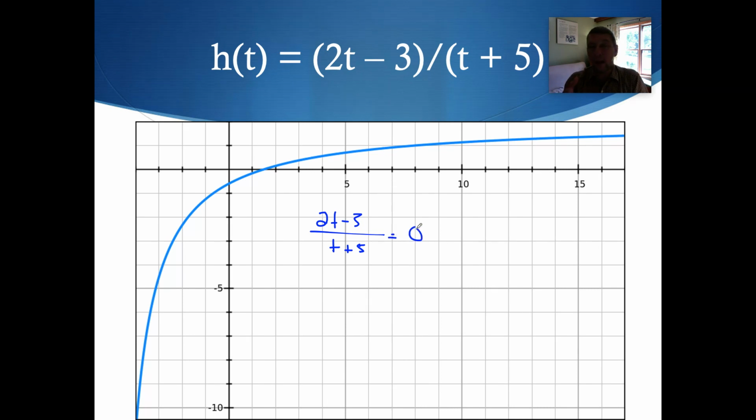The denominator can't be 0, because if the denominator is 0, then the number is undefined. So I have to set the numerator equal to 0. So 0 equals 2t minus 3. Therefore, 3 equals 2t, and therefore t equals 3/2. Now, does this look like 3/2 or 1.5? You bet your sweet bippy. And so that is the zeroing of this particular function.